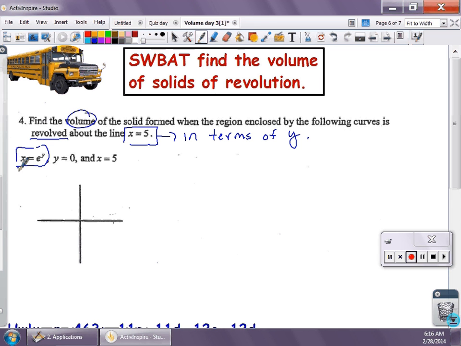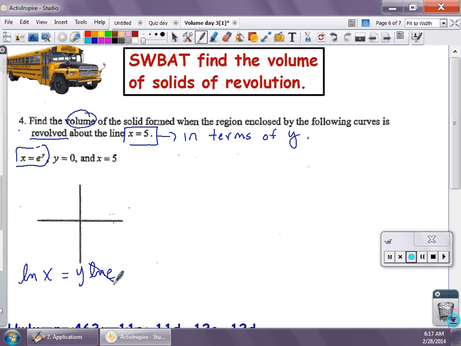So we need to get y by itself for our graphing purposes, even though we are going to be in terms of y. To do that, we take the ln of both sides to get that y down on the right-hand side, equal to y ln of e using a log property. The ln of e is 1, so we have y equal ln of x.